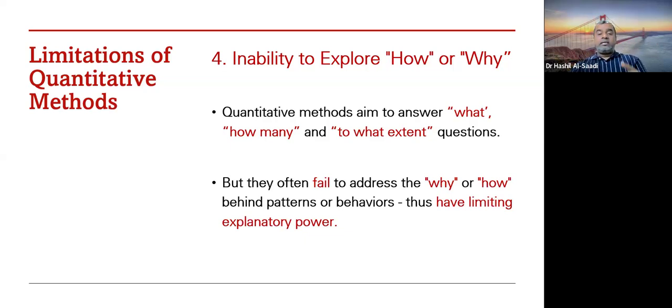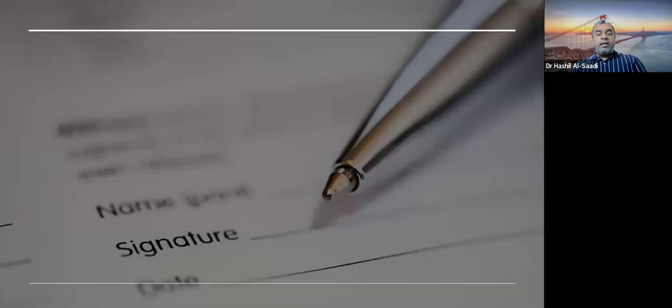Why does the overuse of AI negatively impact students' learning skills, thinking skills, creativity? A survey will not help you to do that. So you need other methodologies. You see what I mean? Each method has its own advantages and disadvantages, strengths and limitations. All right.